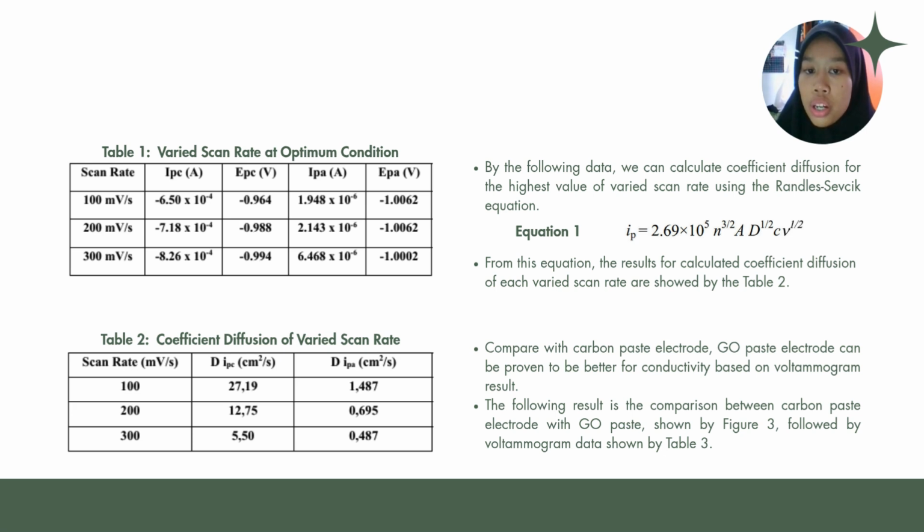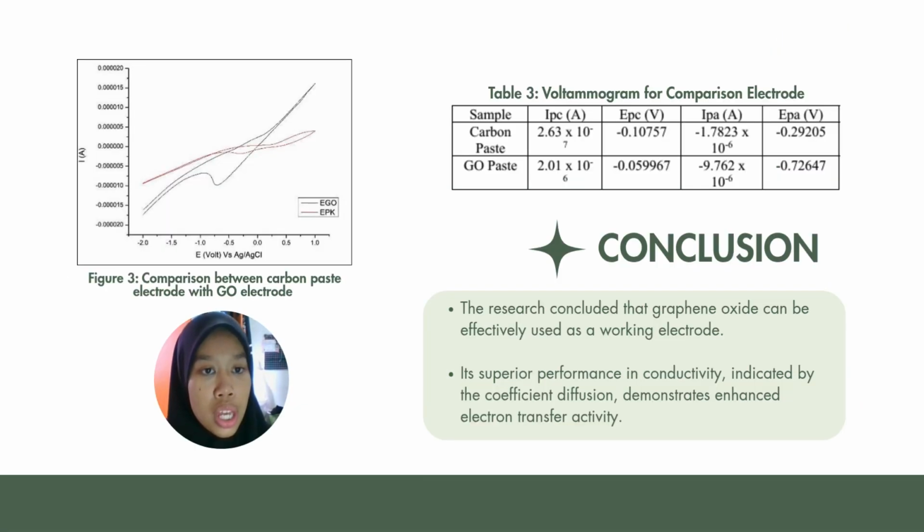And the following result is the comparison between the carbon paste electrode and the GO paste, shown in figure 3, followed by the voltammogram data shown in table 3. So here is figure 3, which shows the comparison between the carbon paste electrode and the GO electrode.